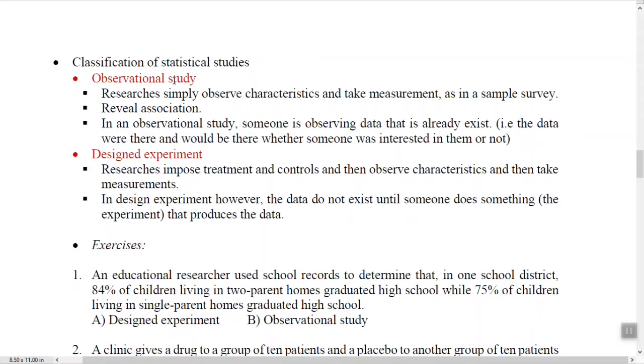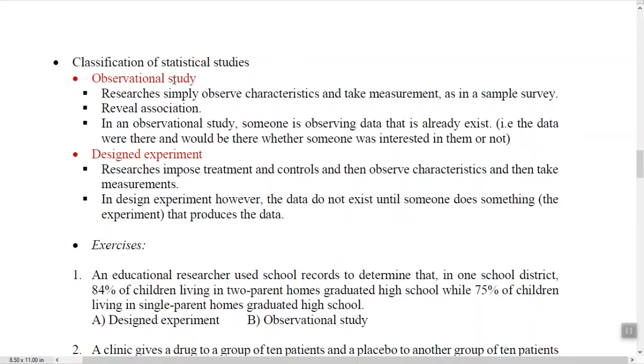But in a designed experiment, the researcher imposes treatment and control and then observes the characteristics and measurements. So the researcher has full authority to impose their rules and regulations before they start their experiment.